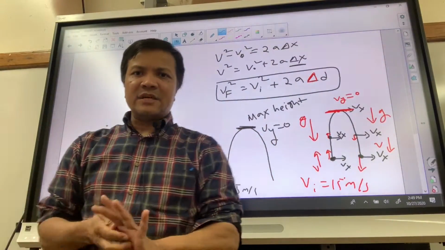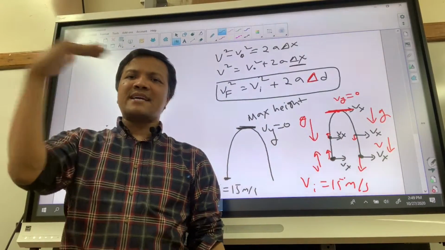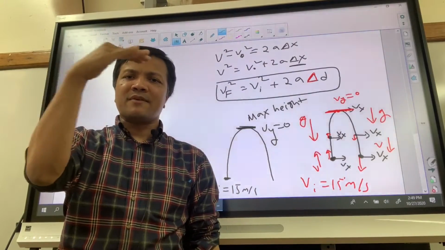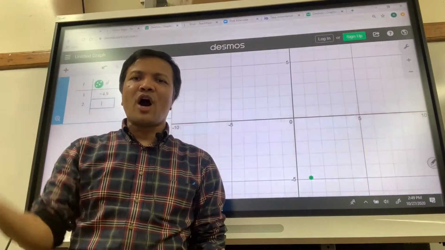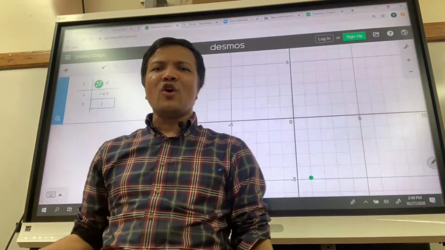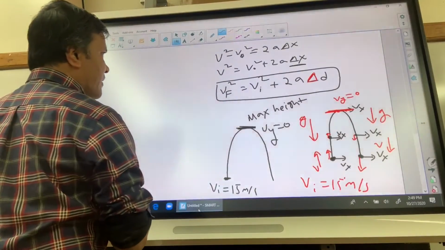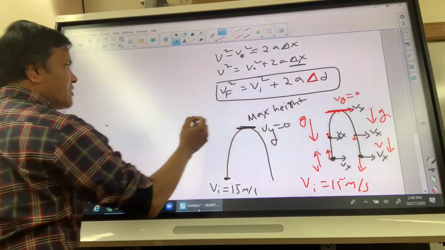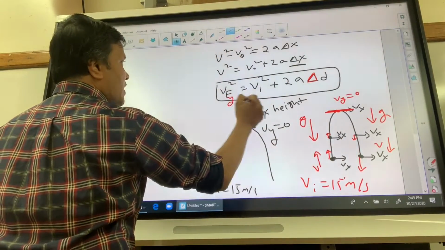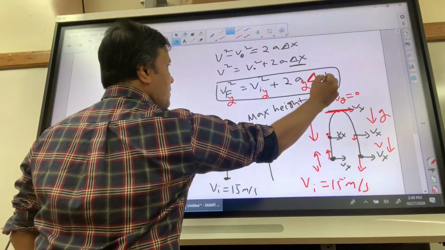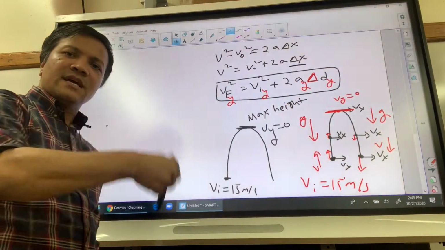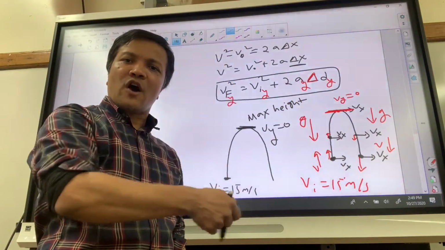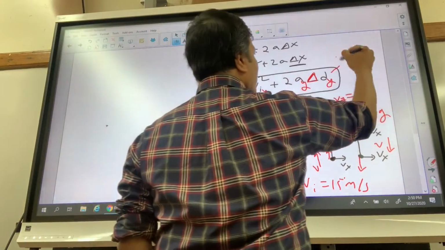Because I said that: you throw the ball, at the maximum height the y component of the velocity has to be 0. Otherwise, the ball won't change direction and won't return to the other hand. So now I'm going to rewrite this formula this way, with y components, because I'm going to make this formula a free fall formula.